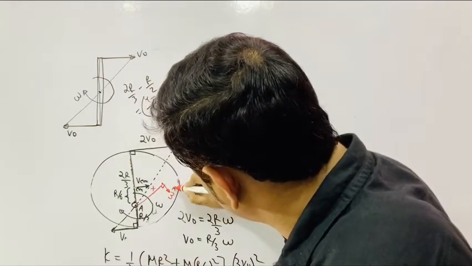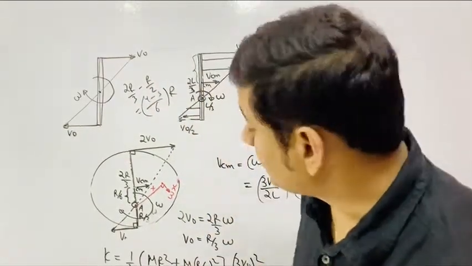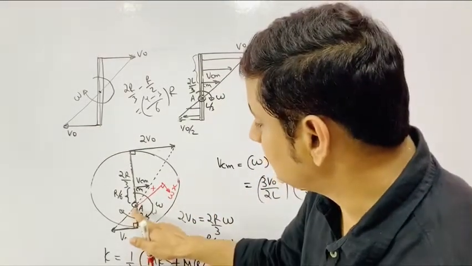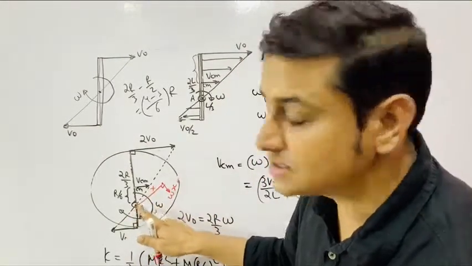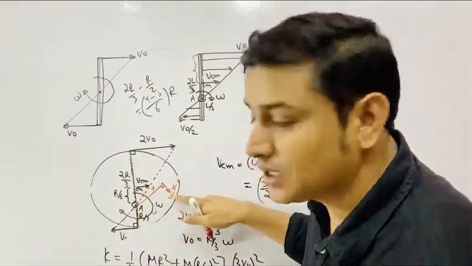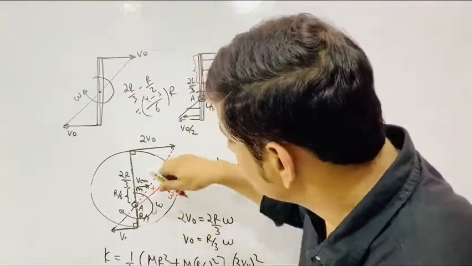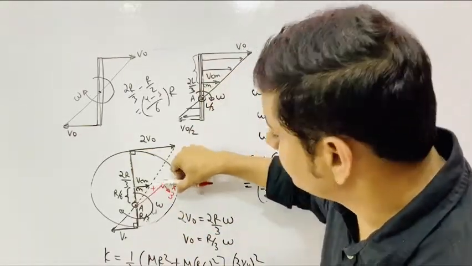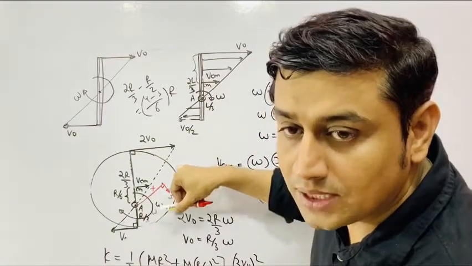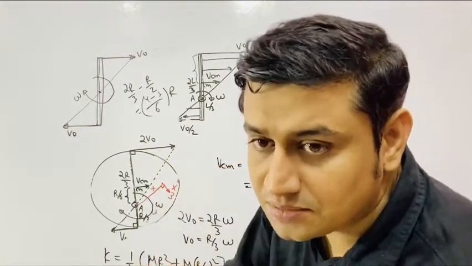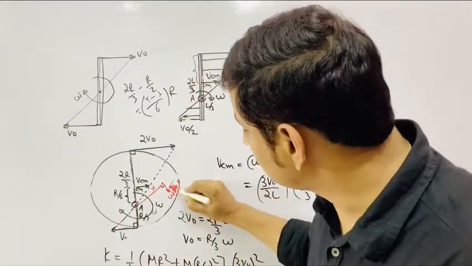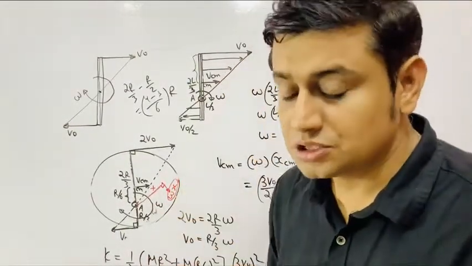Velocity would be omega into x, perpendicular to this. You can obtain this in two ways. One is directly from the instantaneous axis: distance from the instantaneous axis into omega is the net velocity. Otherwise, find VCM, find omega into the distance from the center of mass, and take their vector sum. You will get the same value. Or else you can get it in one step. So this was the first case.